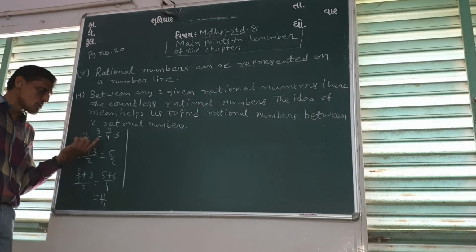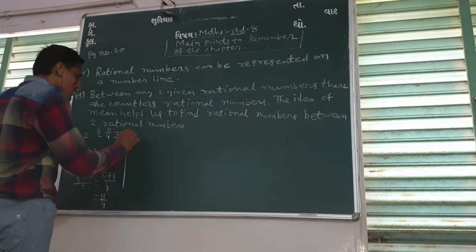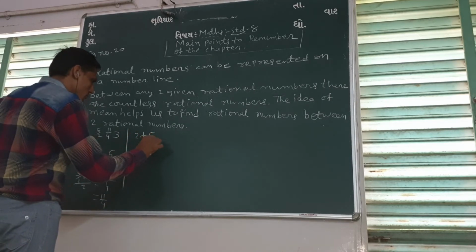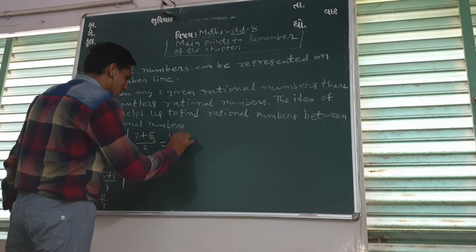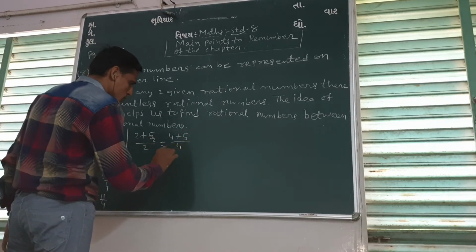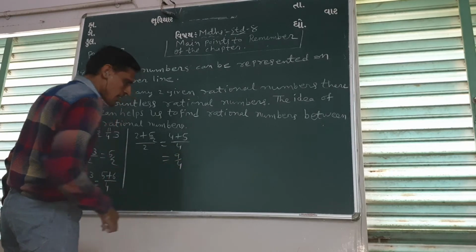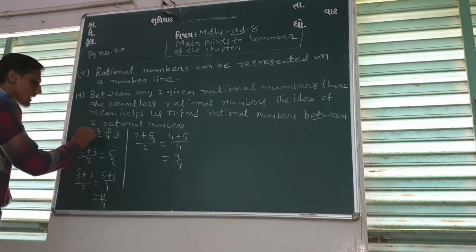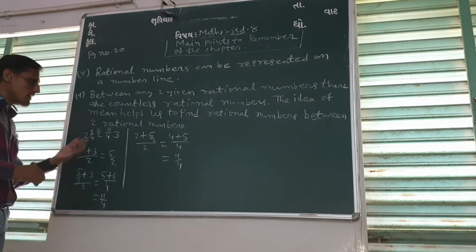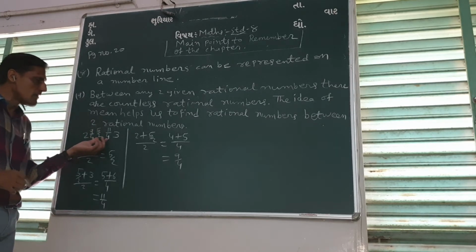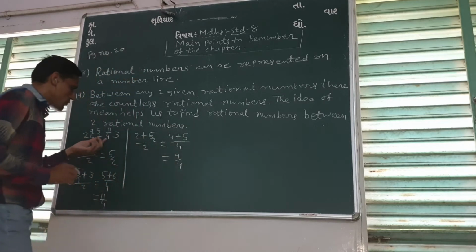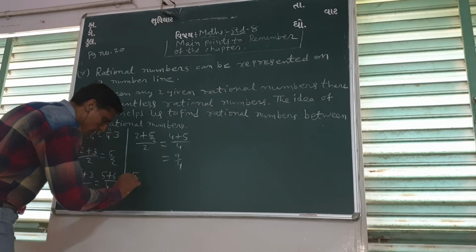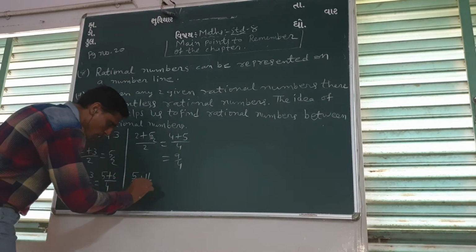Between these two also we can find. So (2 plus 5 by 2) upon 2, so (4 plus 5) by 4, so 9 by 4 we can write, right? So between these two, 9 by 4 is there. Now between these two also we can find a rational number, so we can write (5 by 2 plus 11 by 4) upon 2.